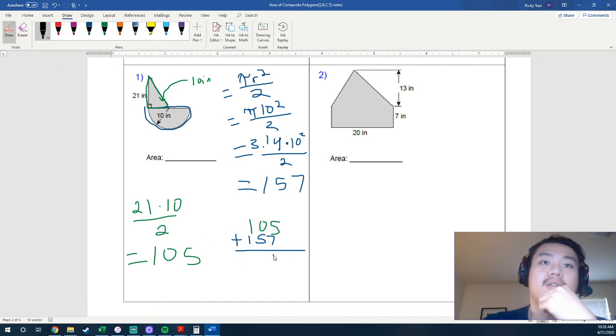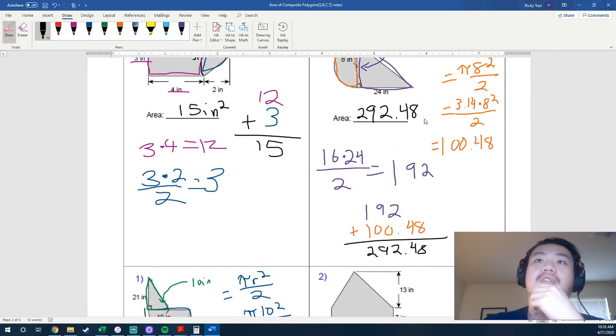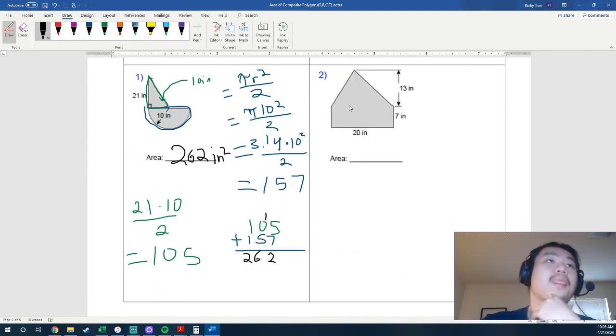We get 262 inches squared. Did I do that on all of them? Oops, I missed this one. Inches squared.